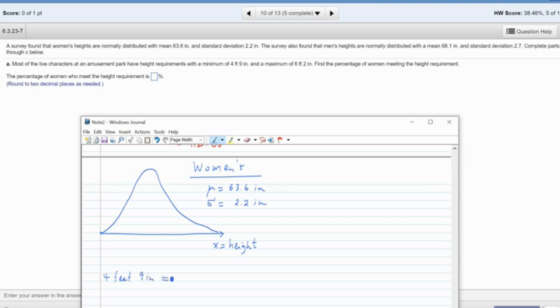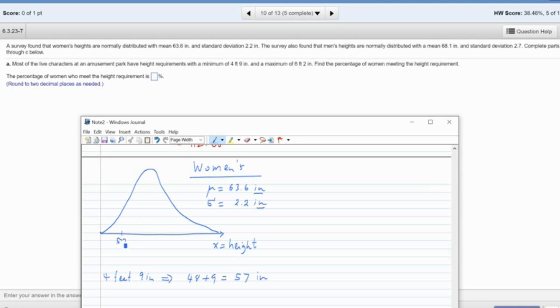We need everything in inches because the unit of measurement is inches.